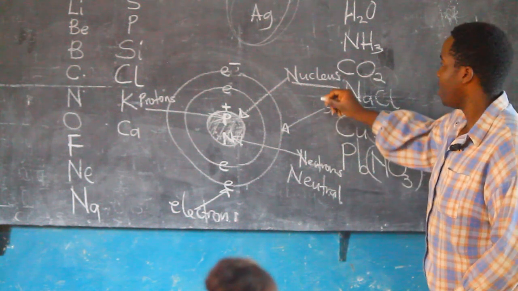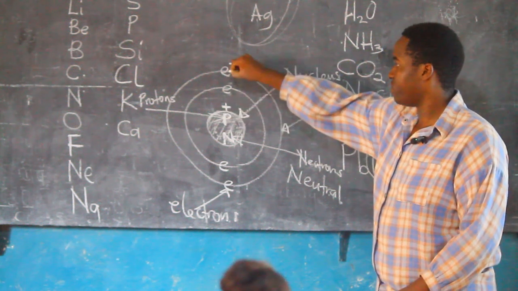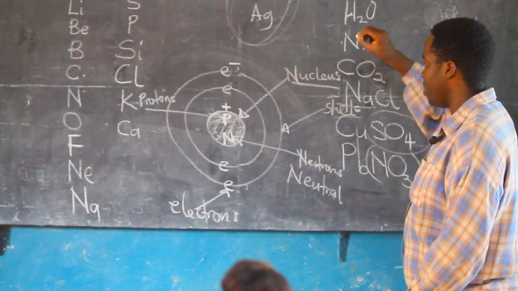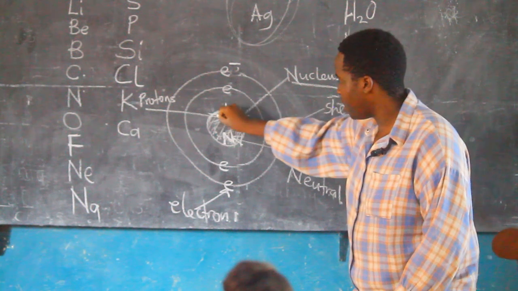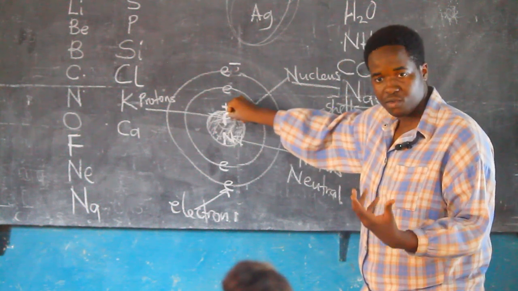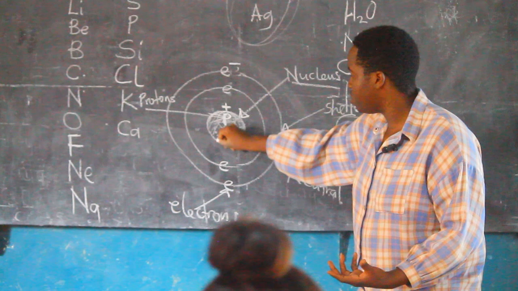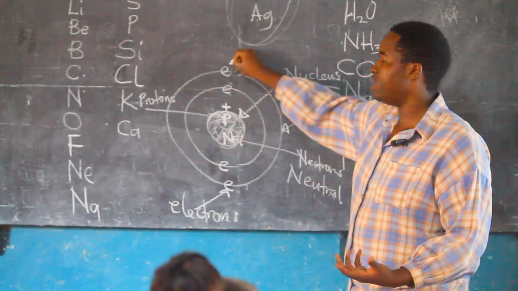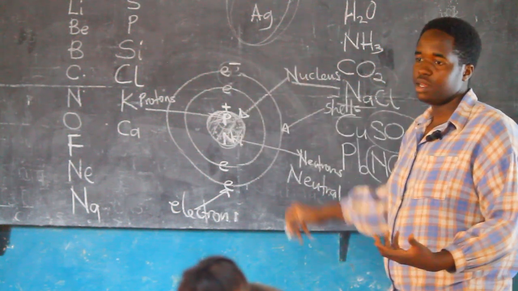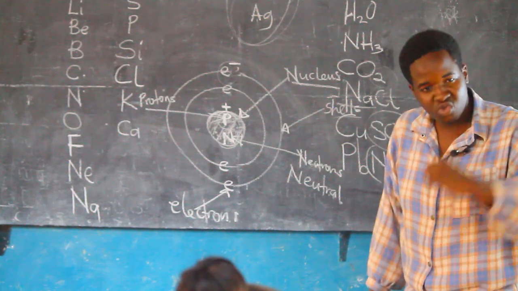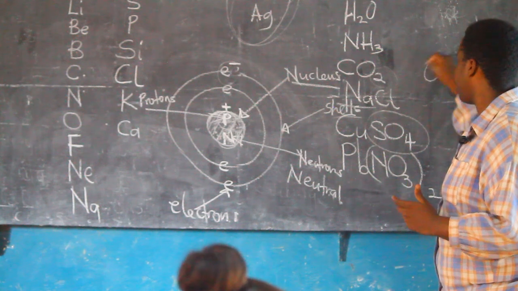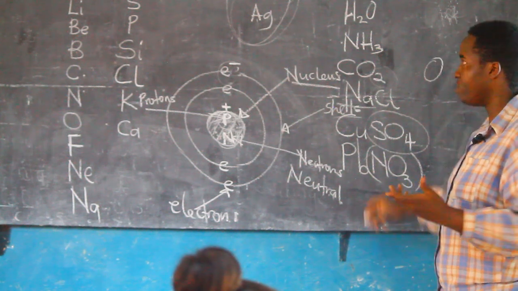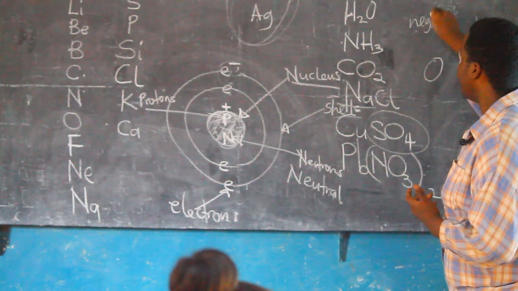Now, we're saying protons are positive, electrons are negative. Now, there's another catch. When it comes to mass, protons have mass. That means they have weight. Neutrons have weight, but electrons, their weight is negligible. It's too small that we take it to be 0, like they have no weight. Negligible comes from the word neglect.